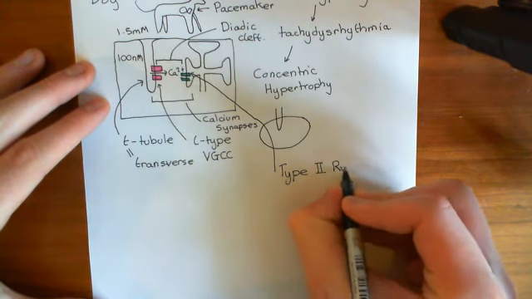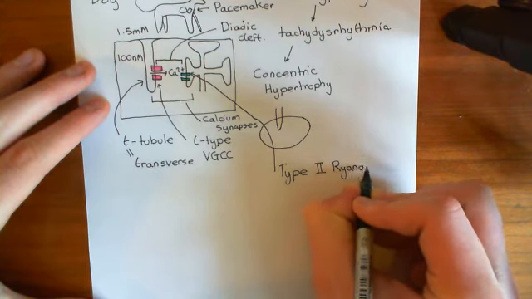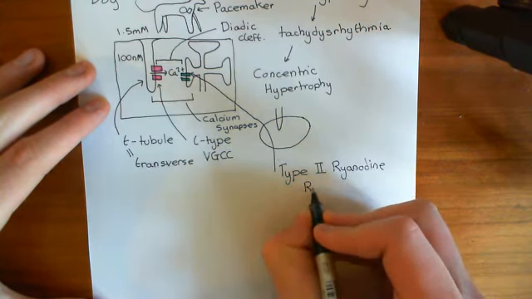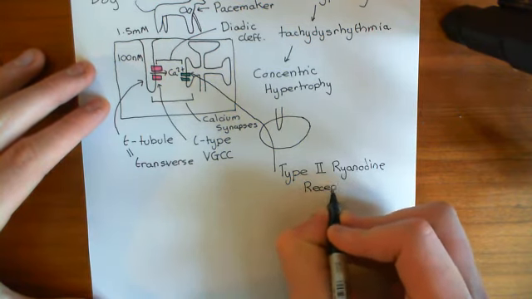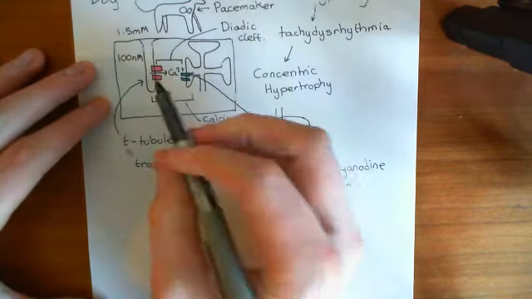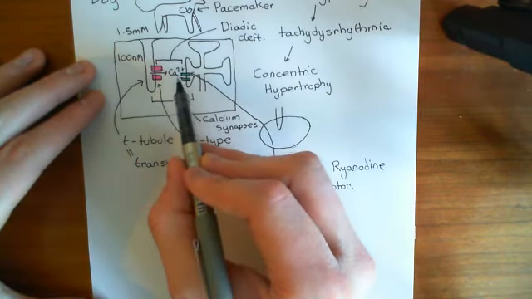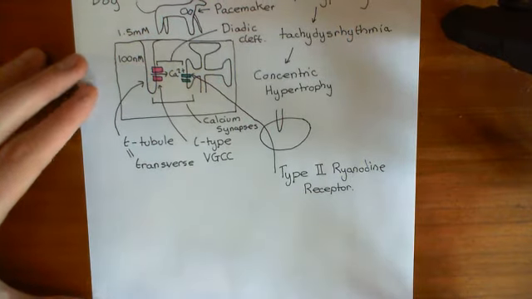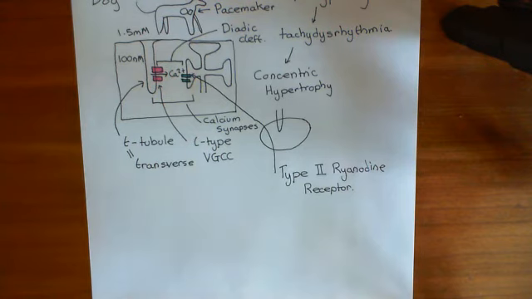Type II ryanodine receptor. Okay, and basically the type 2 ryanodine receptor, in response to calcium, is going to open. So when the calcium diffuses across the dyadic cleft and binds to the type 2 ryanodine receptor, then the type 2 ryanodine receptor is going to open. And this is a very important point.